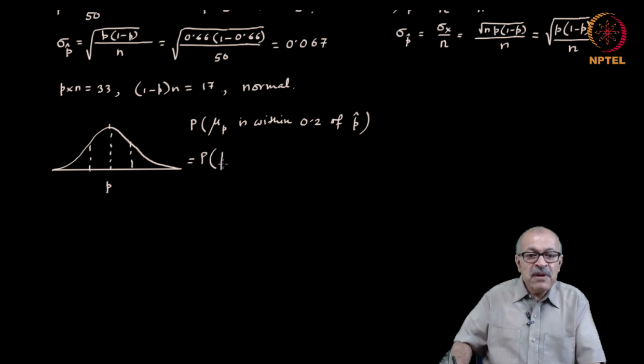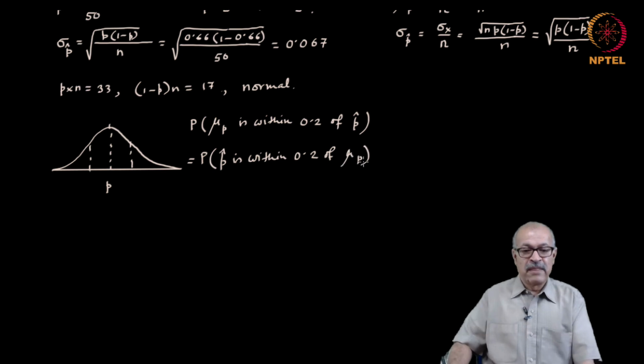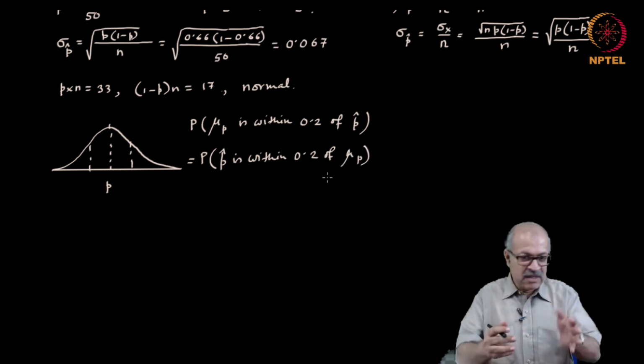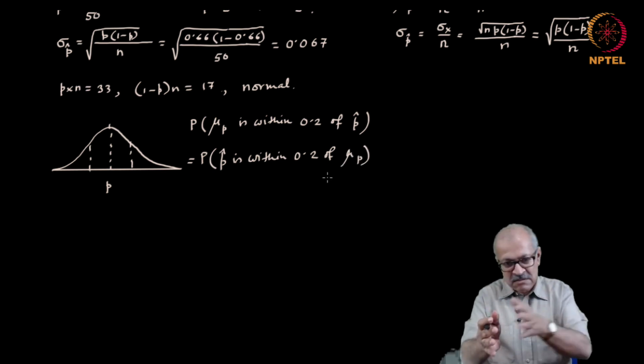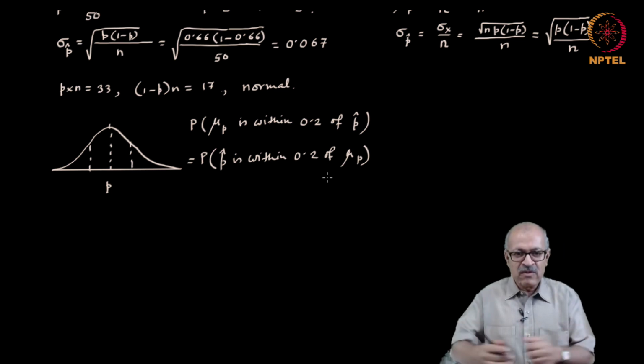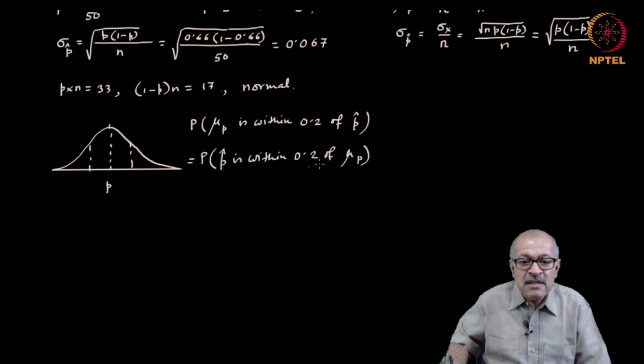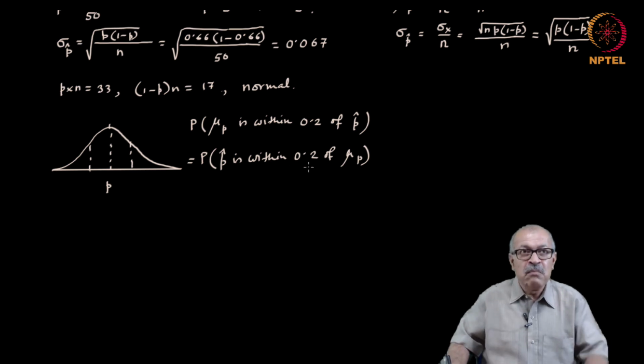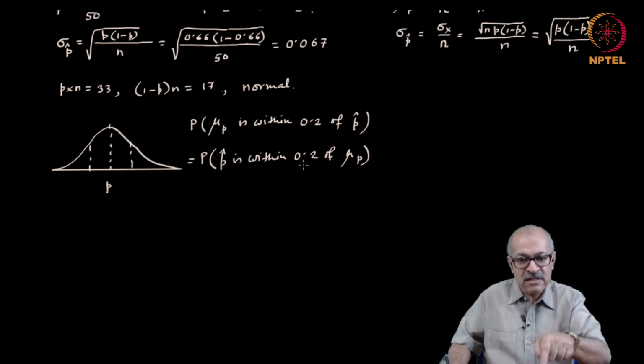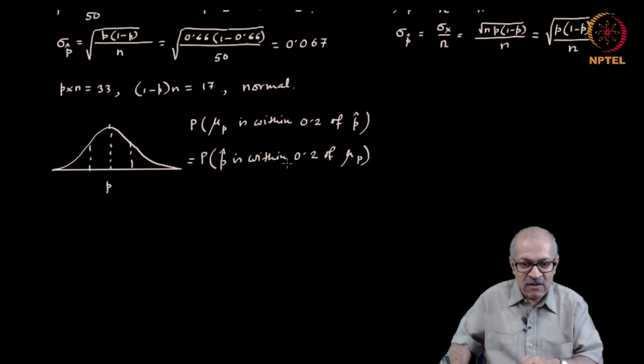We will say P hat is within 0.02 of the mean of P. The distance between this and that is the same as distance between this and this. So, we have the same argument, and then we have to express that as a multiplier of the standard deviation, then we get the value of z.